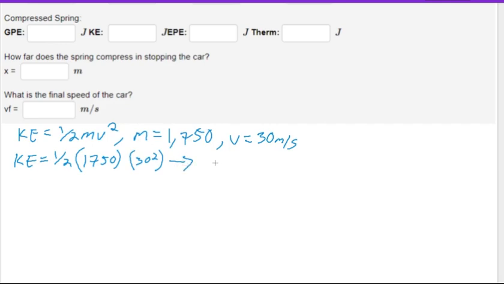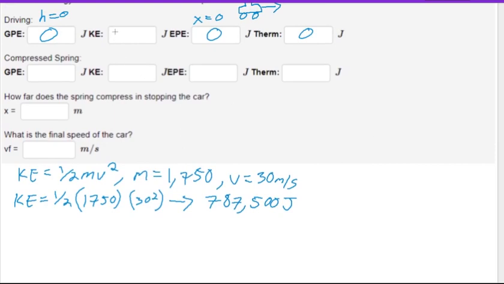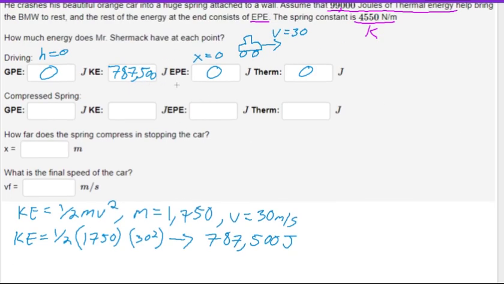Doing so, we should get a kinetic energy of 787,500 joules. Go ahead and take that and add that to our table up above, 787,500. All right, so that energy is our total energy, which is super important because we're going to need that in order to figure out the later parts of what's missing.